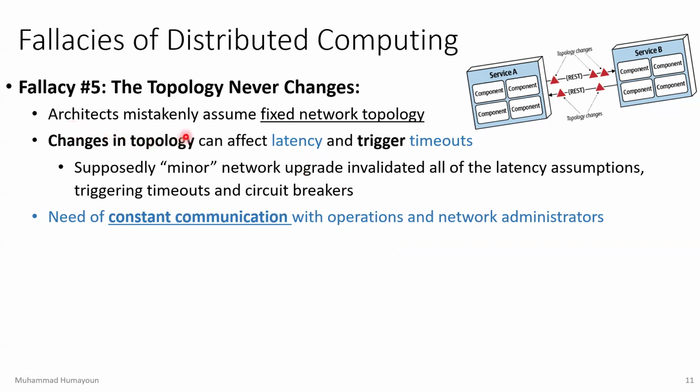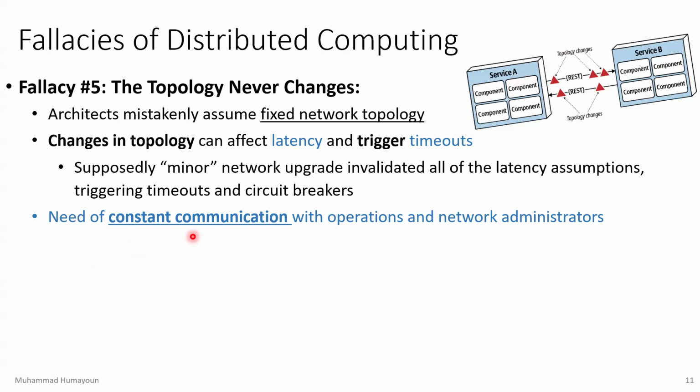Architects mistakenly assume that there is a fixed network topology between service A and service B, but actually we don't know. These topologies can change because maybe a router breaks down and you put in a new router, and now that has some different kind of encryption, and that can affect your interaction from service A to service B. So the topology never changes is another fallacy.